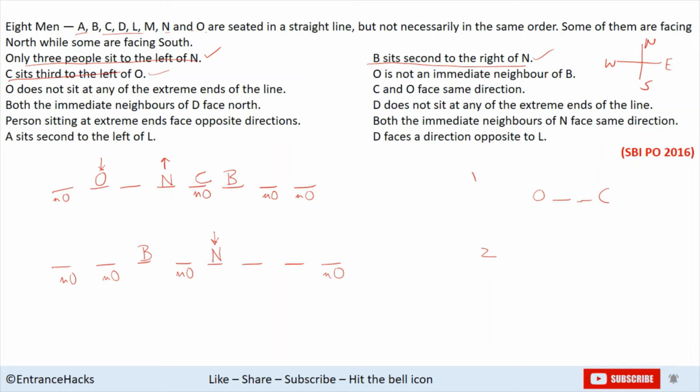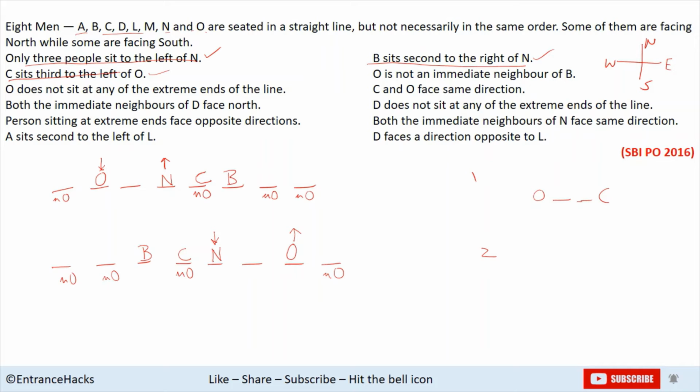So O has to be here and C would come here. Now C sits third to the left of O, so to keep him on the left, O has to face north here, right?